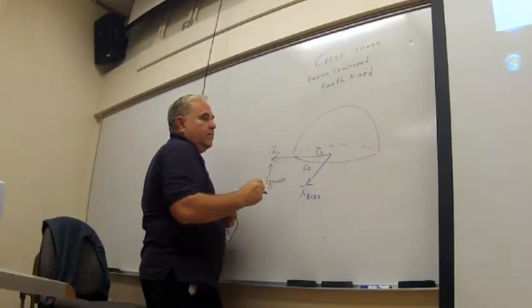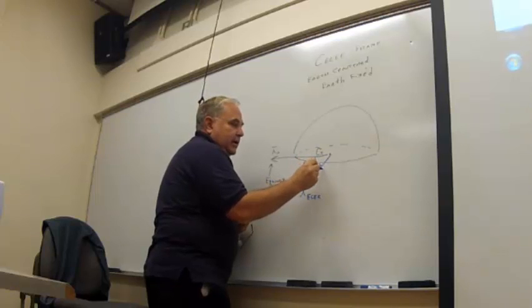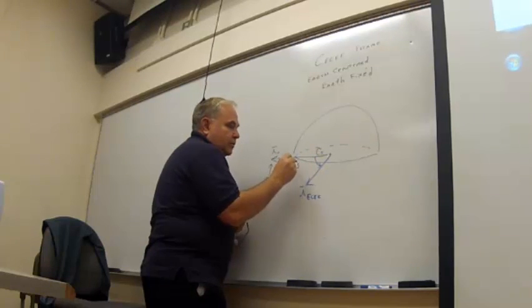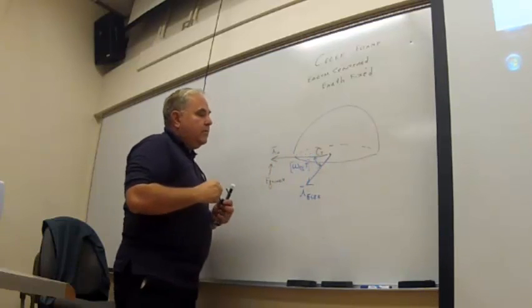And the difference between the I and the I ECEF is going to be the angle, the Earth's rotation vector omega of the Earth with respect to I times time, or delta t. That's going to be this angle.